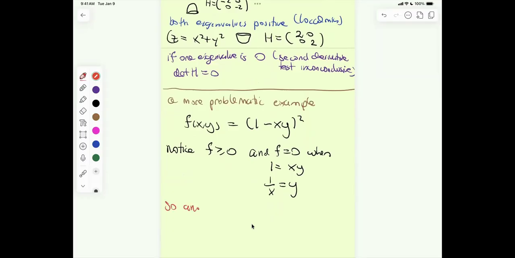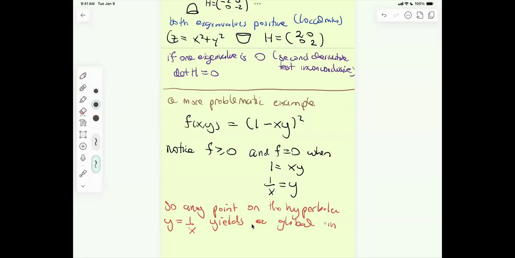Any point on the hyperbola yields a global minimum. And it's interesting to see it from the perspective of the gradients.